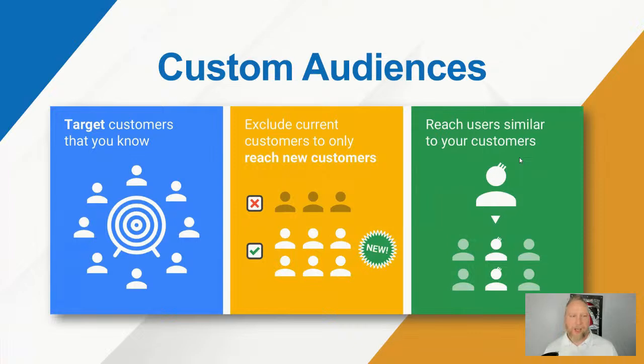We don't need to waste money or budget showing our ads to them because we've already got them in the system, right? And then the big one, the green one here, is reach users similar to your customers. Here we call this lookalike audiences a lot of the times, but you can upload a list of customers that you've done business with and say, hey, Google, here's a list of customers. Now, Google has all kinds of demographics on those customers, most likely, a good percentage of them, right?